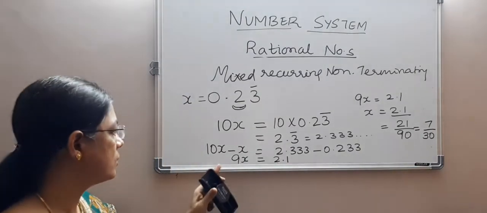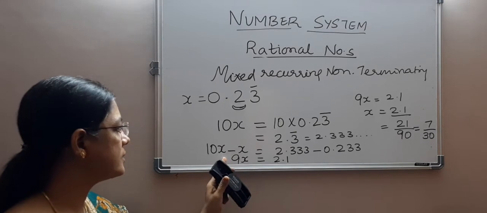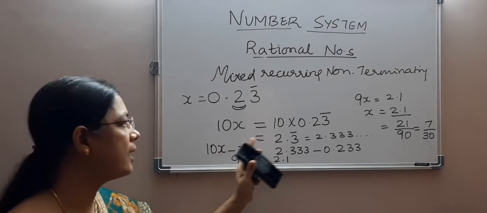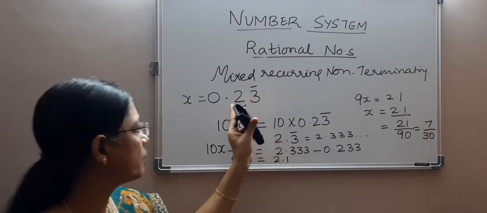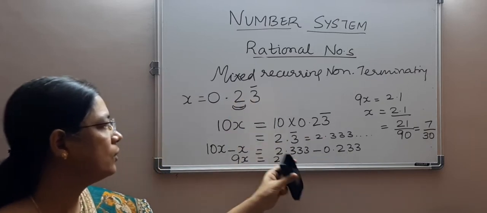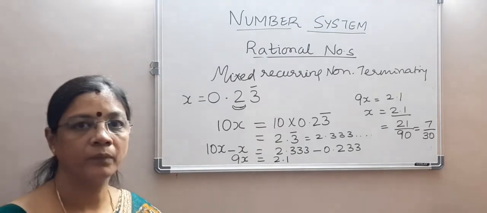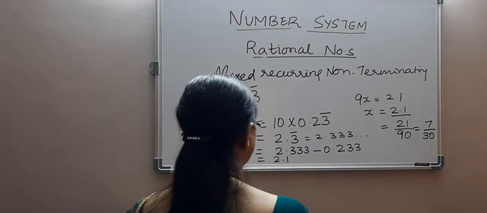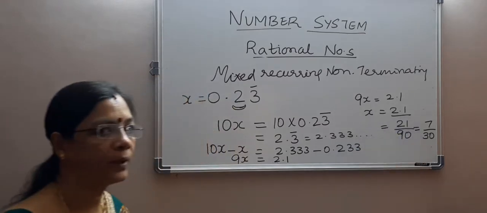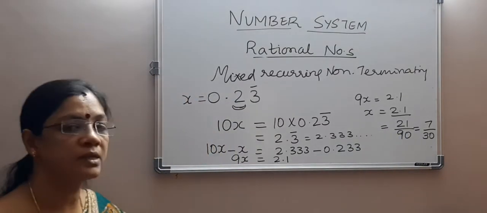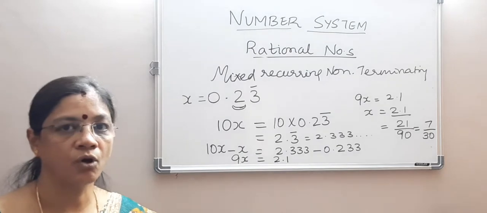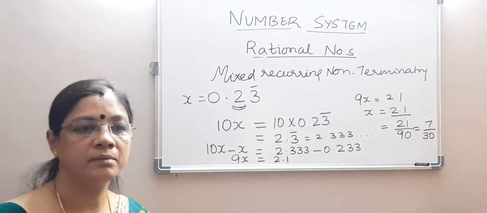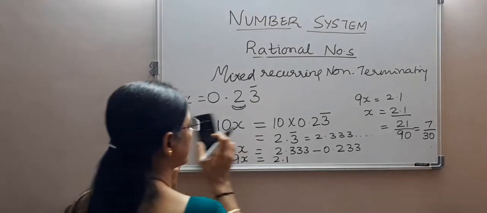So I have subtracted x from 10x, and I have subtracted the same x 0.233 bar from 2.3 bar. So 2.1, that is 21 divided by 90, which gives you 7 by 30, and this is your P by Q form for this mixed recurring decimal expansion. Okay.